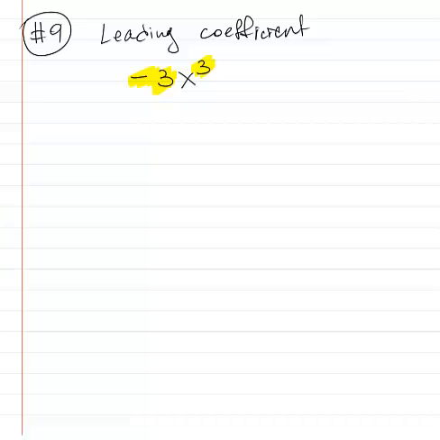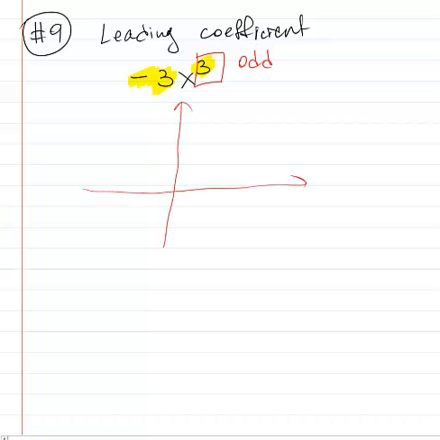That is odd, so it behaves like our parent function x cubed. When x is very, very large, it goes up. However, you're multiplying by a negative, so it's in reverse. So it is exactly like our parent, but instead of going up, it's going to do the reverse. It's going to go down as you go to the right, and it's going to go up as you go to the left.